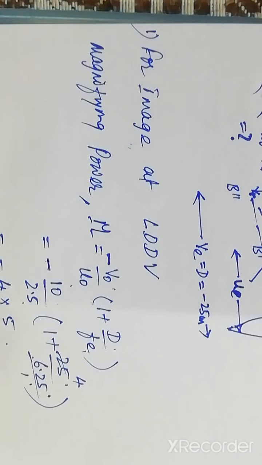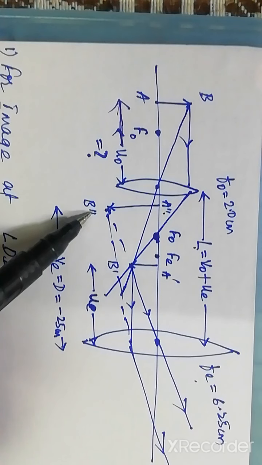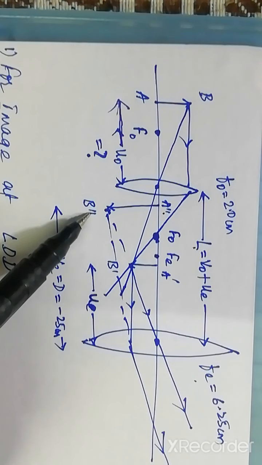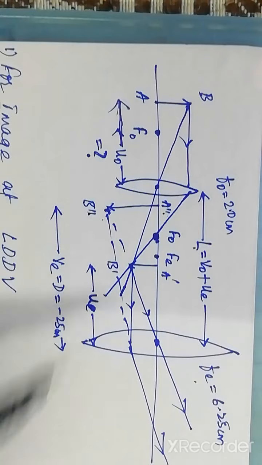The negative sign signifies that the final image A double dash B double dash is always inverted. The final image is always inverted in a compound microscope.